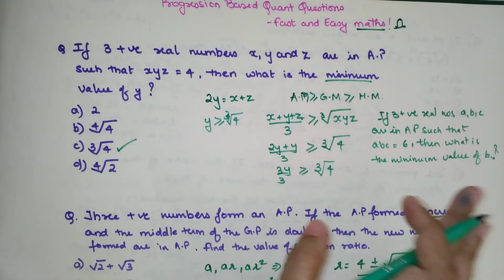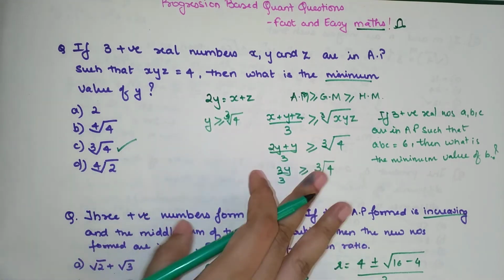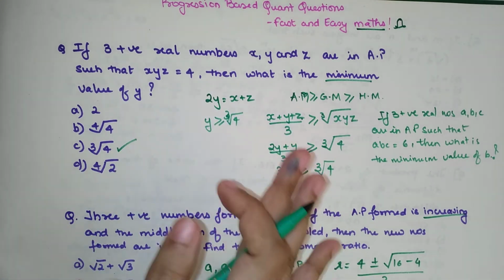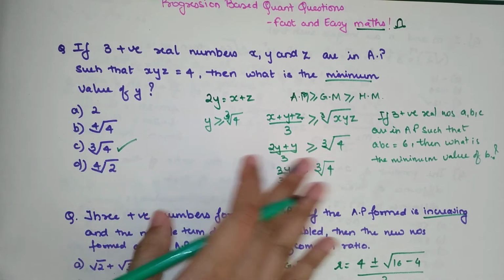I'm sure when you read this question, you would have orally guessed what is the answer. So I'm not going to write down the options. Okay. Please go ahead and write the answer in the comment section.